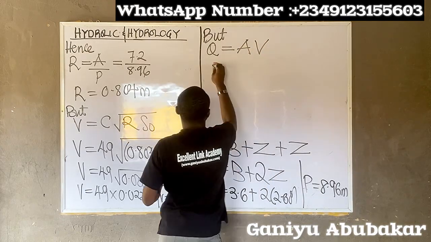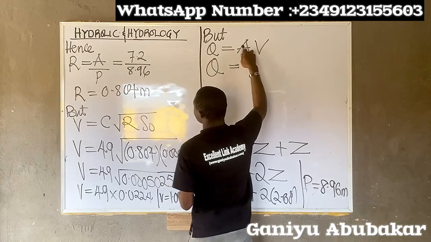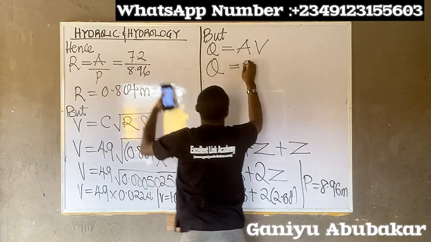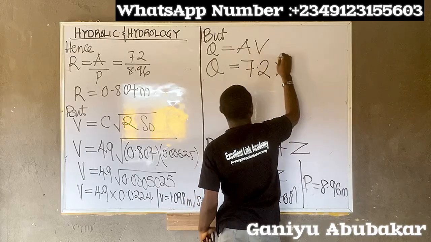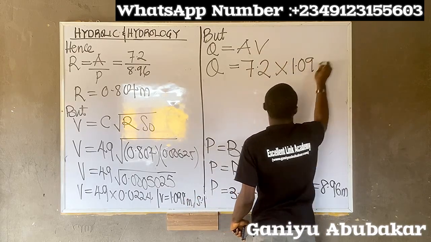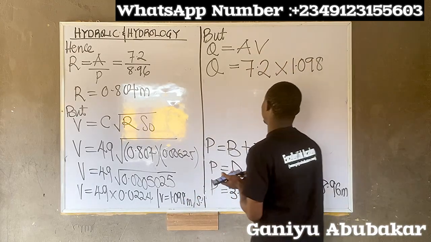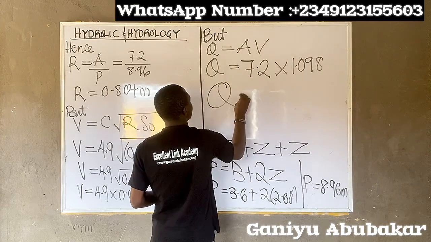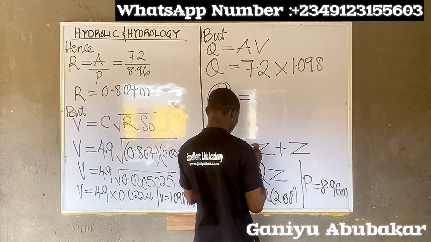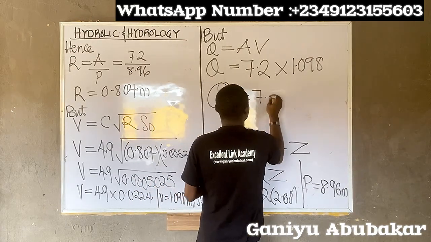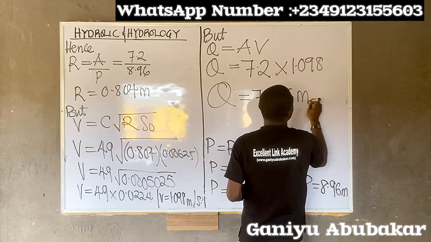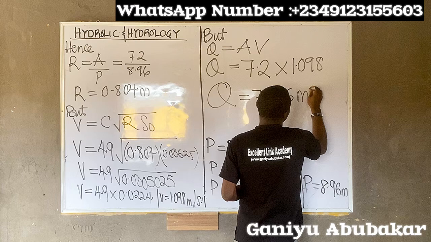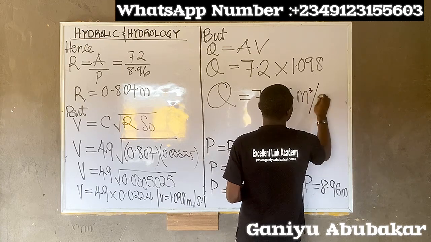All right, Q is equal to, what's A? We said A is 7.2, that's 7.2 times, what's V? 1.098. Combine these two together, of course, Q is equal to, multiply these two, that gives you 7.906 meter cube per second.